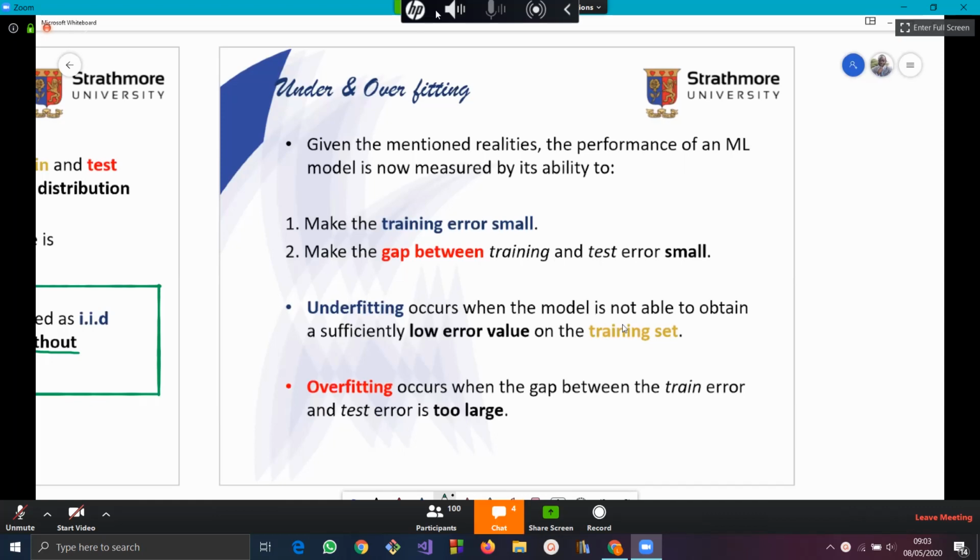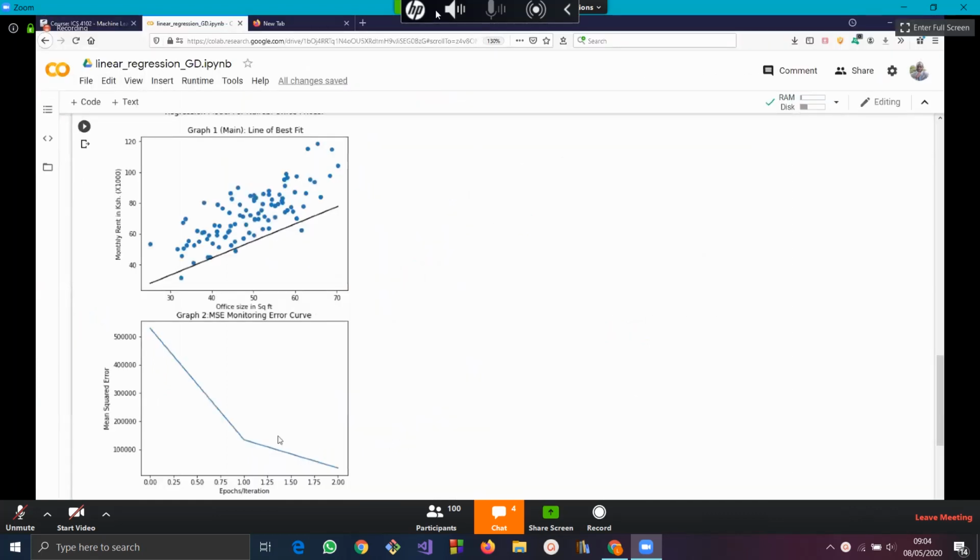During testing, we want to minimize the test error. To measure the performance of any given training, we monitor the error. Is the error reducing in every iteration?